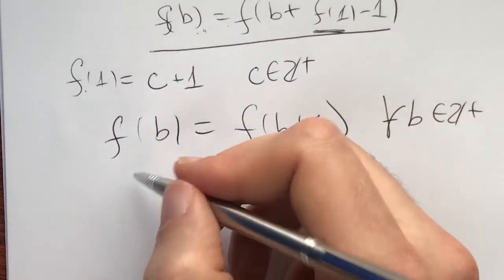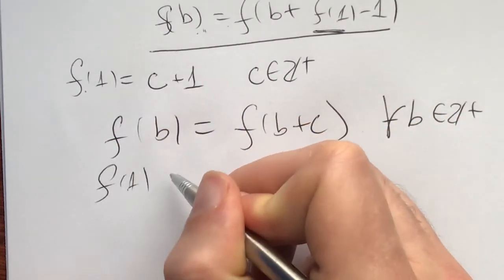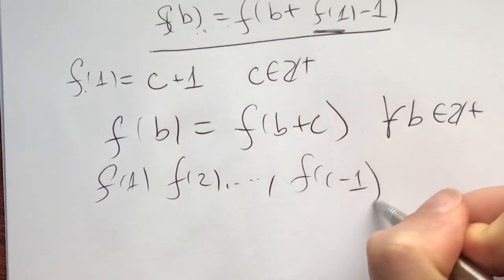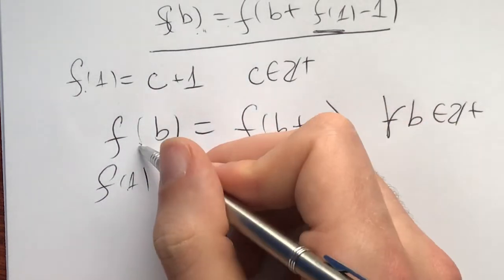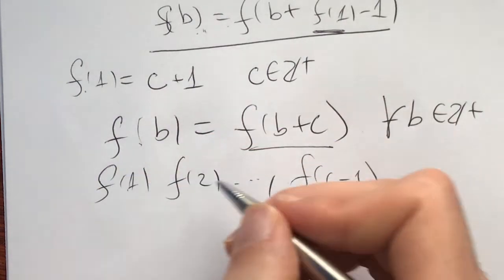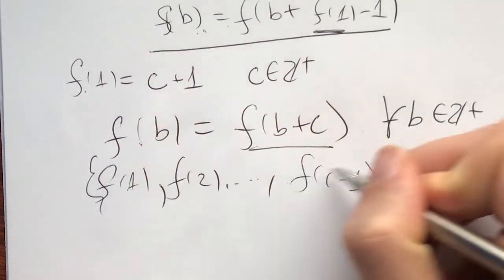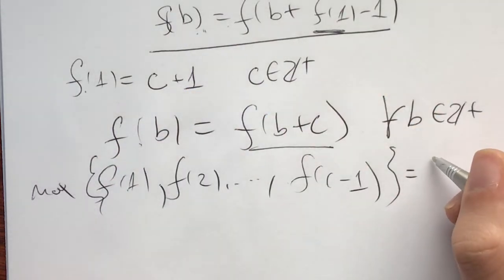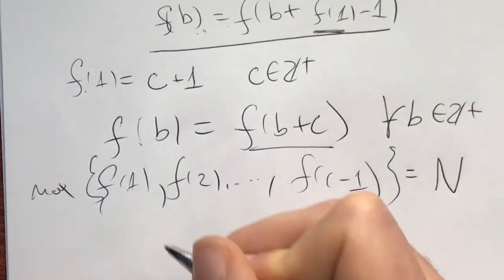Now what this means is once you pick f of 1, f of 2, up to f of c minus 1, all the other values of f are fixed. Now what this means is this function has a maximum, and let the maximum be equal to some number n.